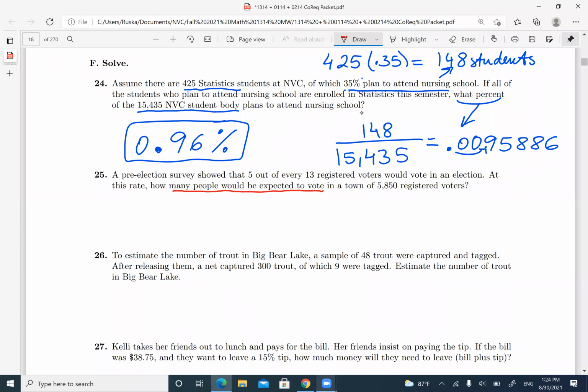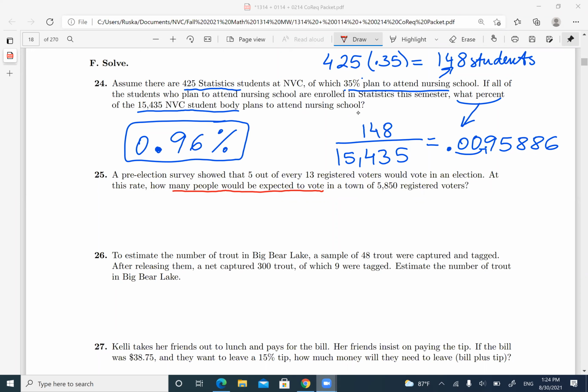So we can set up a proportion, or we can do the percentage, the same way I explained the question in the homework. So if you want, you can just do proportion. Probably it's easier. So let's set up the proportion.